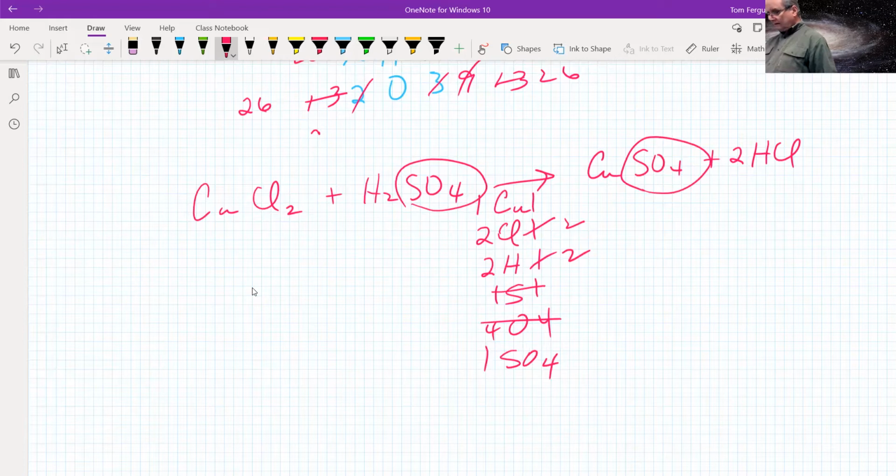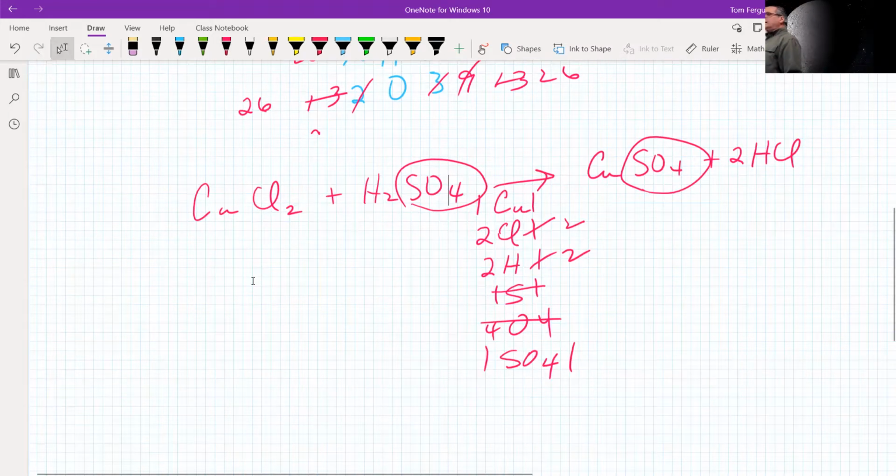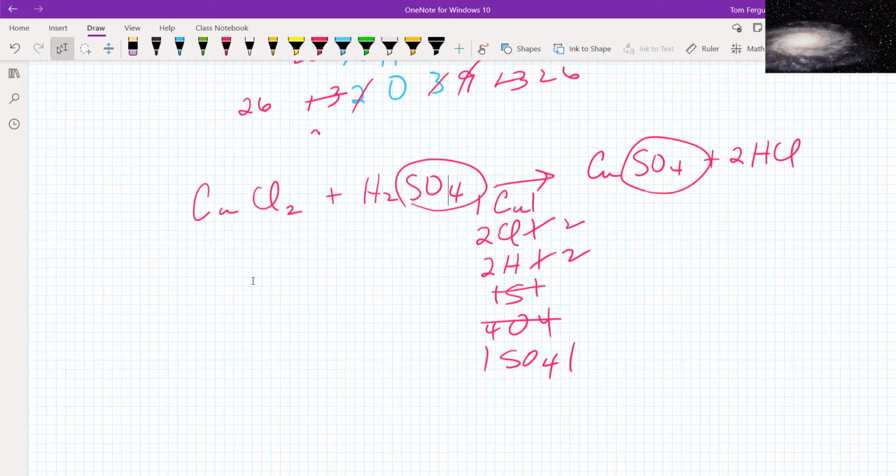On the right? 1. So you eliminated all those S's and O's to count. You're counting them as a group. They are no longer a single S, they are no longer O's. They are an SO4 group. You can also split that, but usually this is a little simpler. The concept is the same. How many SO4s on the left? How many on the right? In this case, it's 1 to 1.